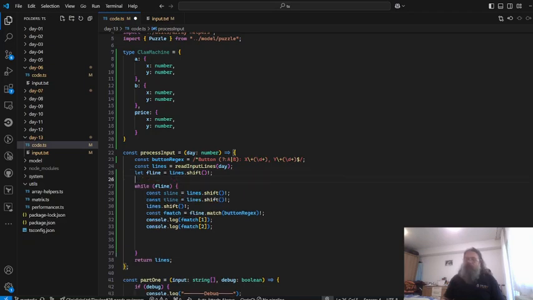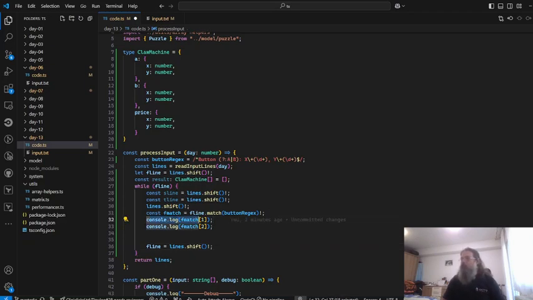So our result will be a claw machine array. Initially, it's an empty array. This is the empty line, and at the end we need to actually take the first line again, and that is the line that we're matching.